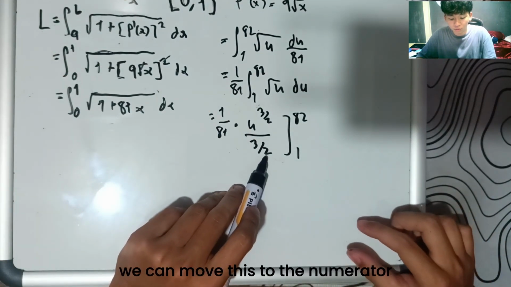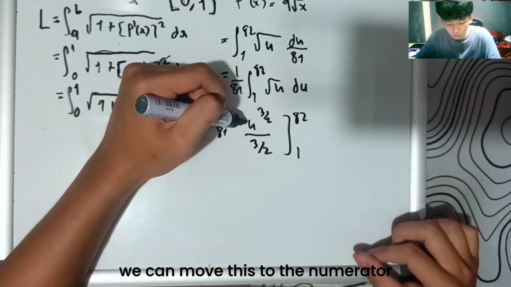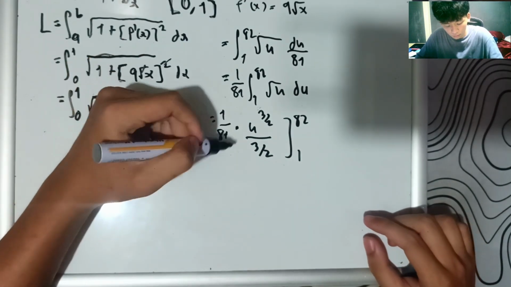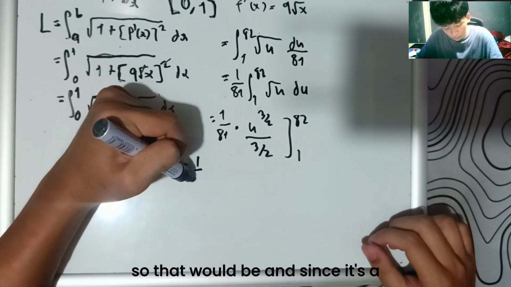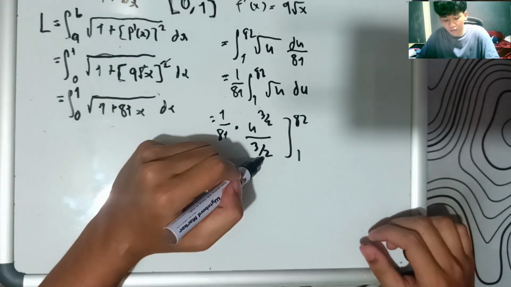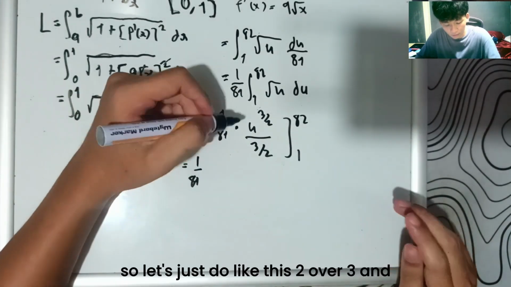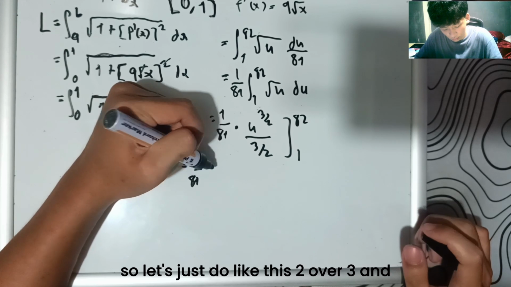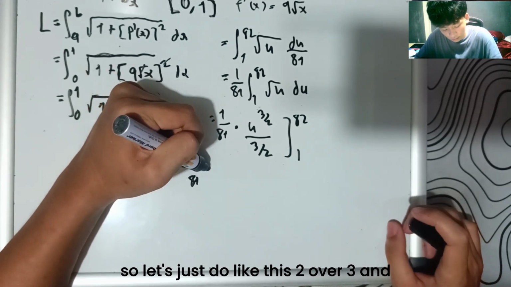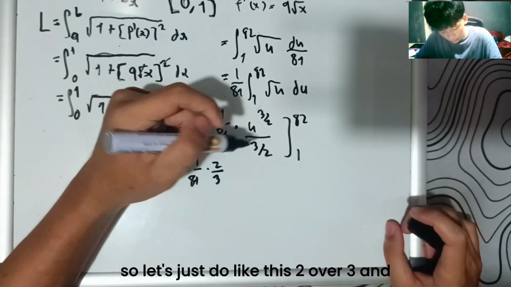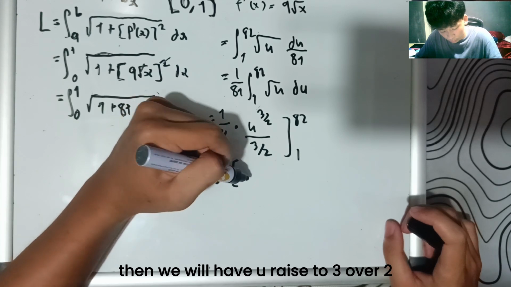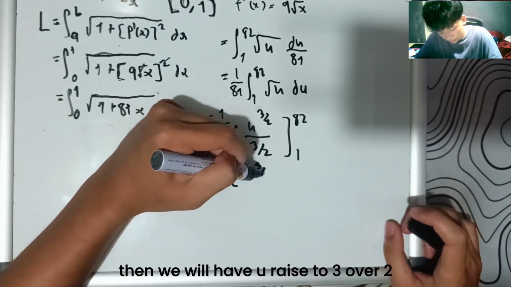We can move this to the numerator, and since it's a constant, we can just move it outside. So let's just do it like this, 2 over 3, and then we will have u raised to 3 over 2.